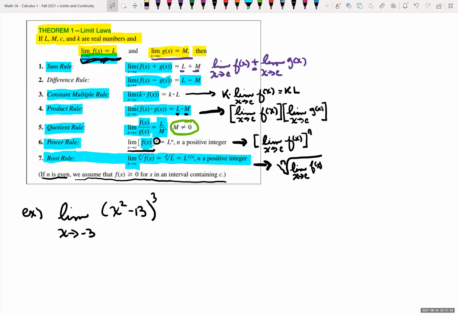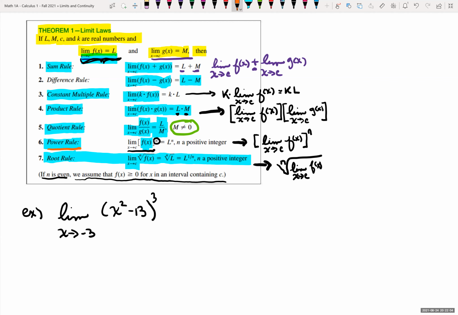Okay, so we're looking at the following example where we're looking at the limit as x is approaching -3 of the quantity x squared minus 13. In that quantity, we have a quantity cubed. And so let's look at this limit and let's use the limit rules that we just talked about to justify each step that we're doing to find out what the limit of this is. And so first thing I see is that we have this power here.